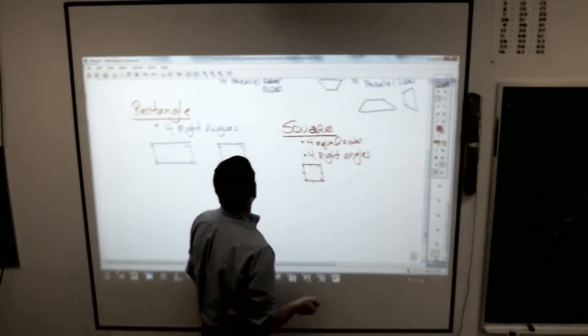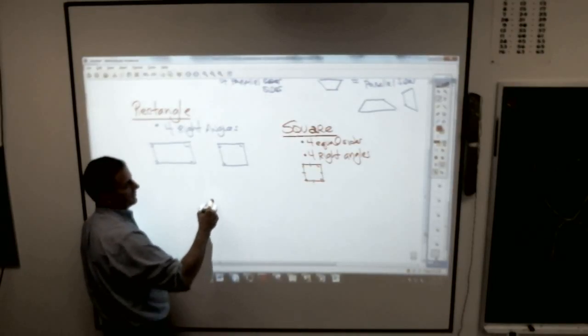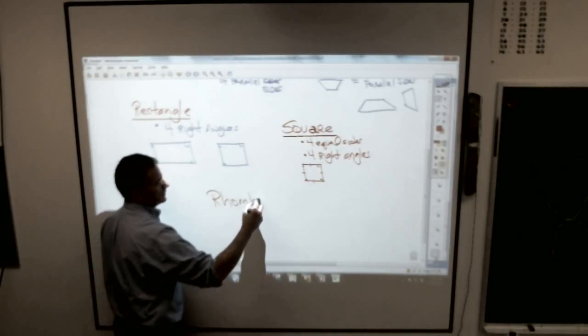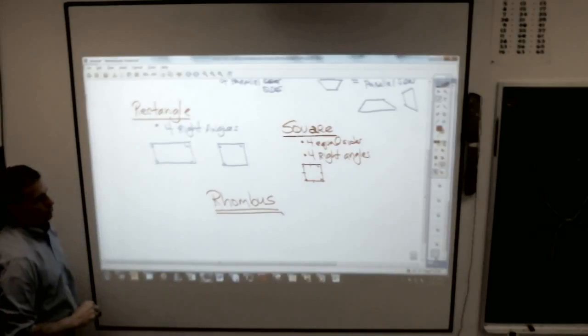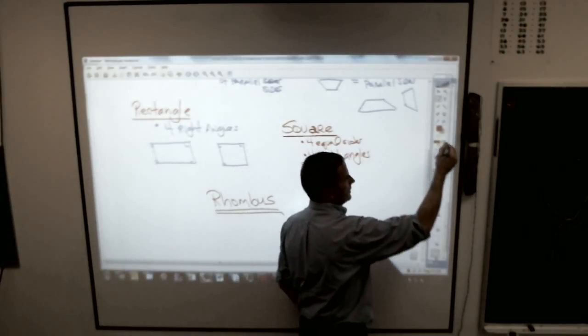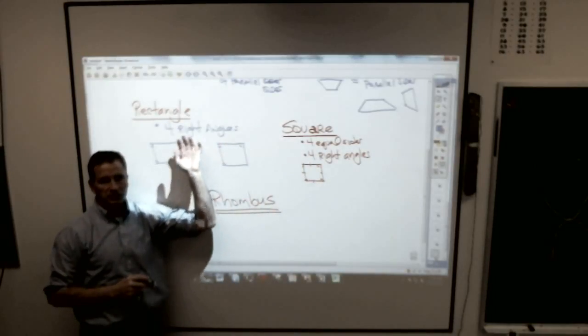And then the last one we have to talk about, another one you don't hear about quite as much, but you probably have seen it, is what's called a rhombus. Anybody know what the exact definition of a rhombus is? Maybe you can figure it out based on these, because it has to do with these as well.